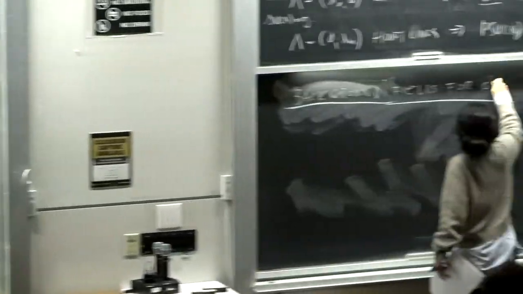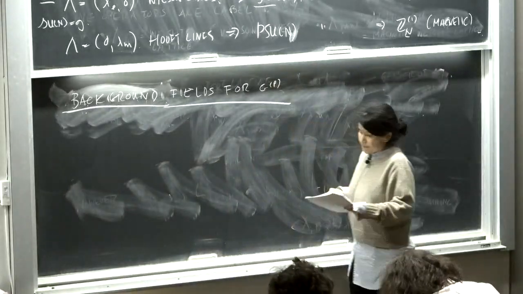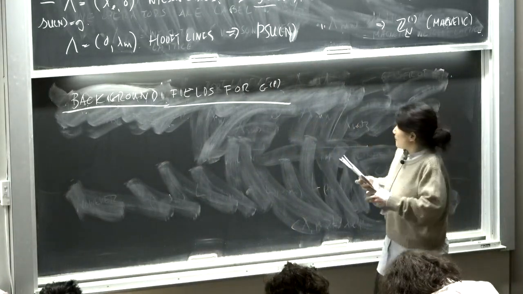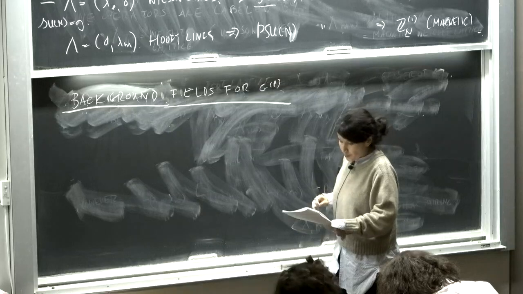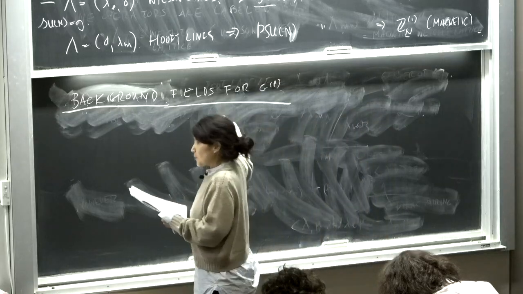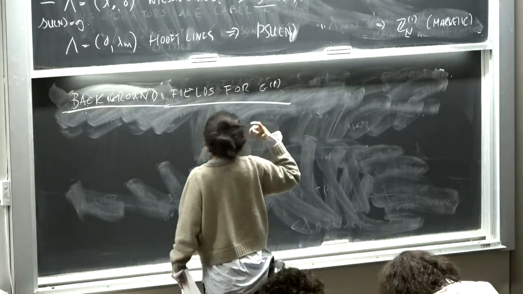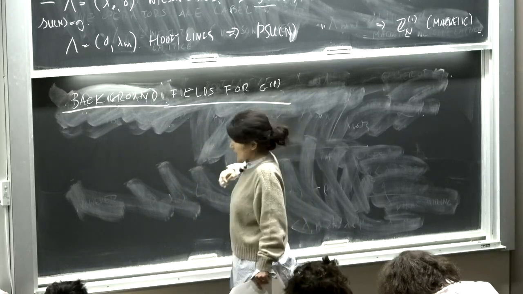for p-form symmetry groups. We will assume it's an abelian group, so we don't necessarily need to repeat the story for G0.